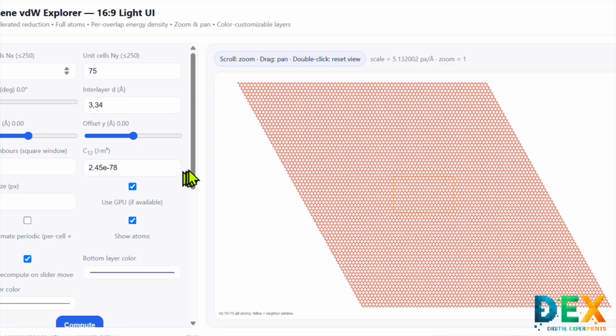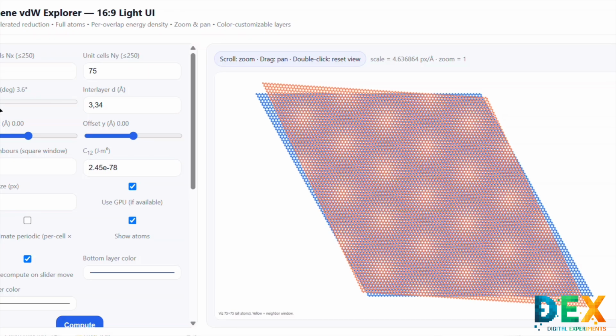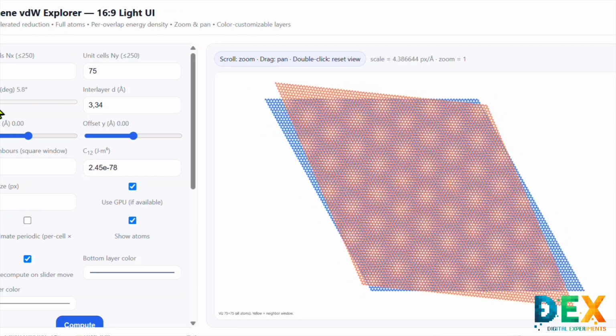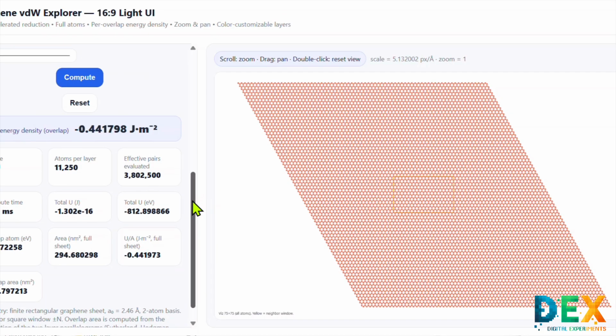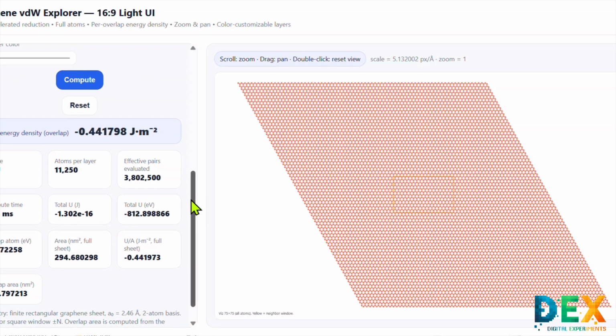But here the purpose is not so much the otherwise very neat visualizations of moire lattices, but to allow the students to understand how the total van der Waals interaction energy can be calculated based on the lattice positions and also the pair-pair interaction potential.